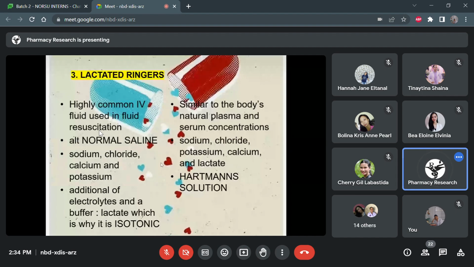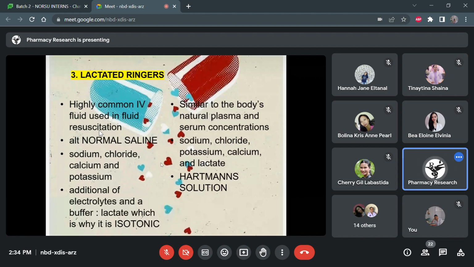So, upat ang content sa plain LR, color blue guys, take note. And the additional of electrolytes, naa napod siya buffer which is the lactate. Mao nang isotonic siya because the lactate makes the ringers isotonic. So, if wala ang normal saline, alternative is isotonic.